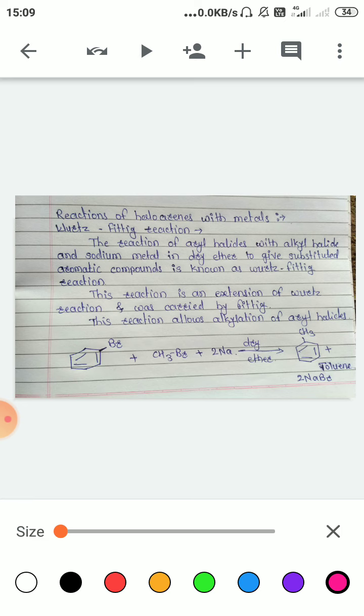The major difference is that in Wurtz's reaction we use only alkyl halides, but in the Wurtz-Fittig reaction, 1 mole of aryl halide and 1 mole of alkyl halide are used. So the reaction of aryl halide with alkyl halide and sodium metal in dry ether as a solvent to give a substituted aromatic compound is known as the Wurtz-Fittig reaction.